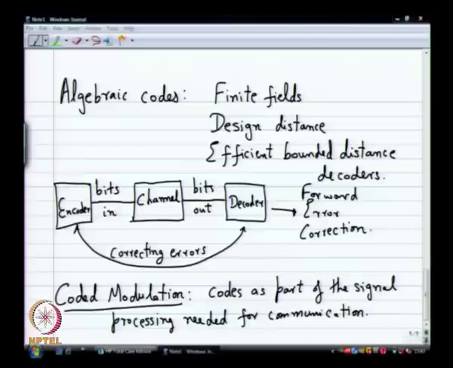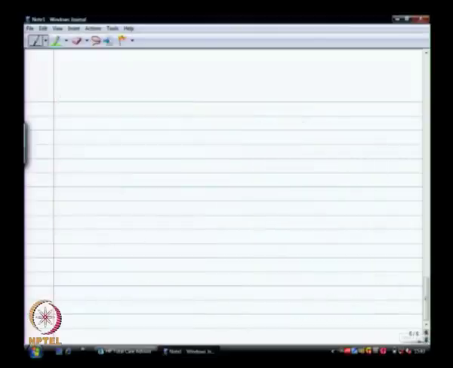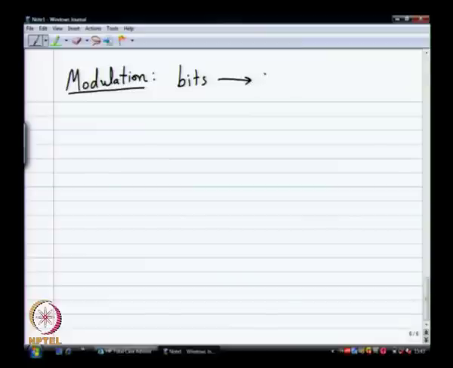So how do we think of modulation? We will use a 2-dimensional vector kind of representation for modulation. In fact we will only use 1 dimension, but I will draw pictures for the sake of it. Like I said, modulation is the process by which bits are converted to signals suitable for transmission.